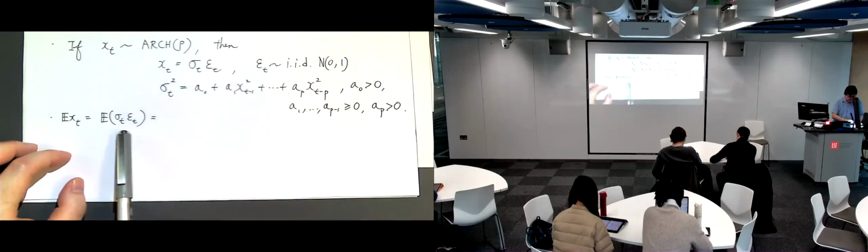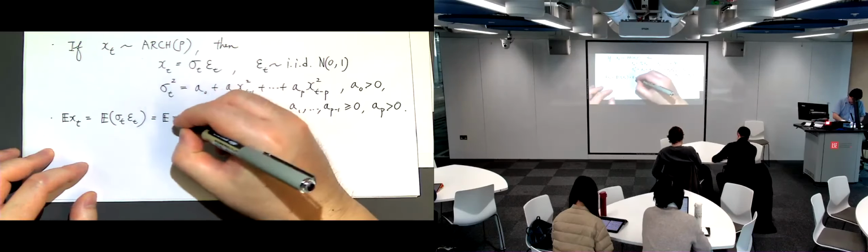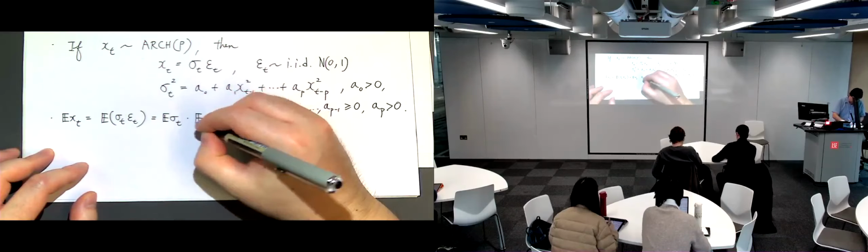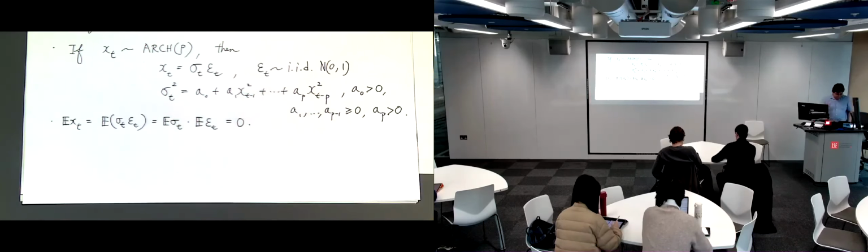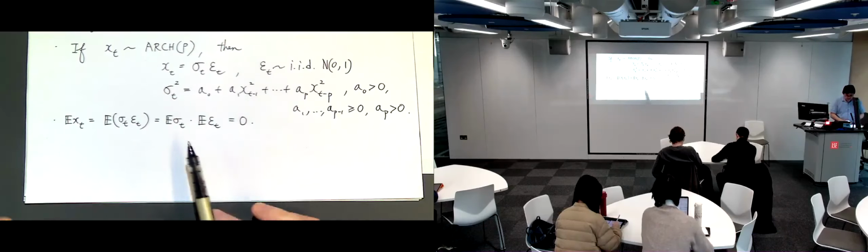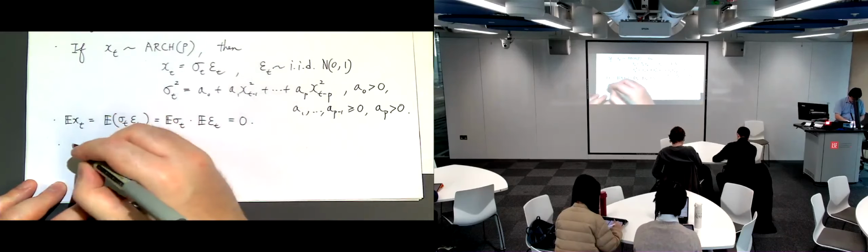And with deterministic sigma_t, of course, it will be independent of epsilon_t, which is IID white noise. So it's expectation of sigma_t times expectation of epsilon_t, then of course it is 0. Okay. So this is a basic argument. Okay. So we'll use it again and again.